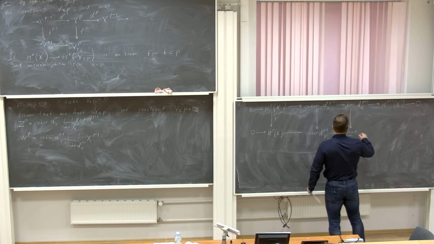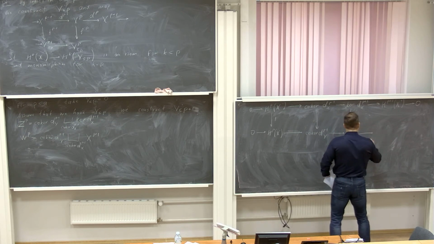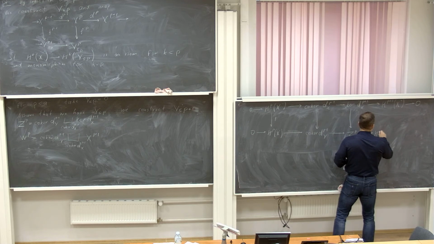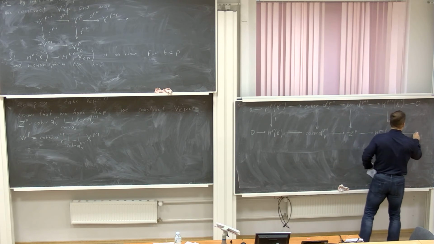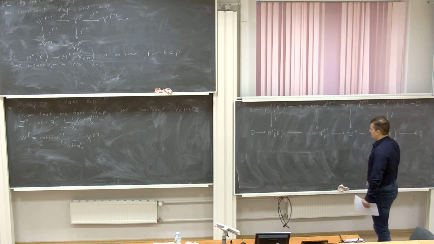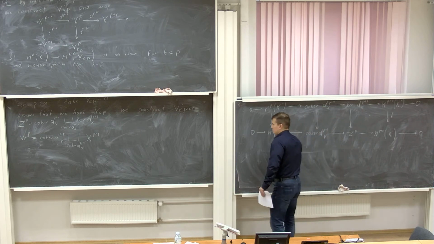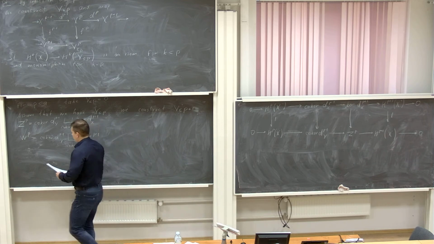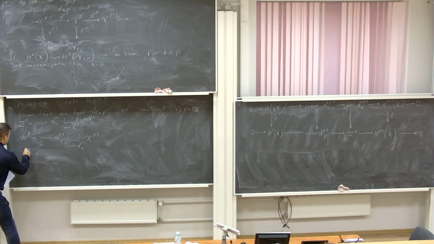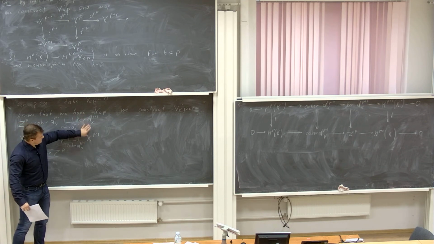And using the universal property, I can get a map from the Z^p to the H with the index p plus 1 of the X. And here I have the identity map again. And of course, you can see immediately from these two definitions that W^p can be embedded into the Z^p, because we have the embedding of these things.